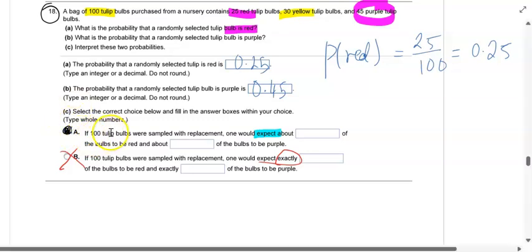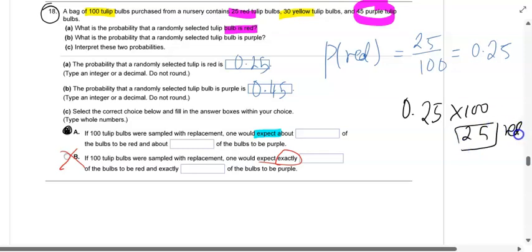And if 100 tulip bulbs were sampled with replacement, one would expect about 0.25 times 100, which is going to be 25 red, and 0.45 times 100, which is going to be 45 purple.